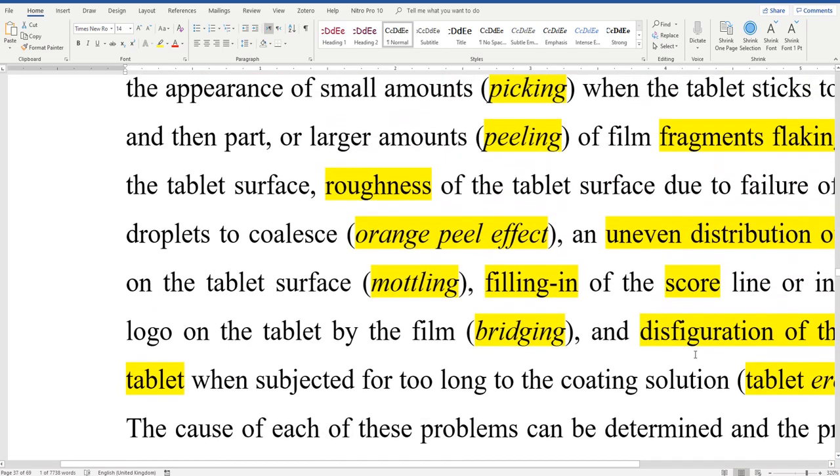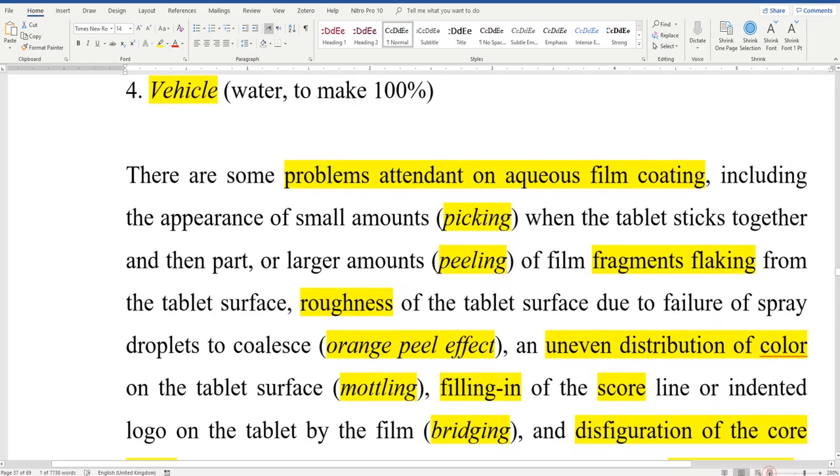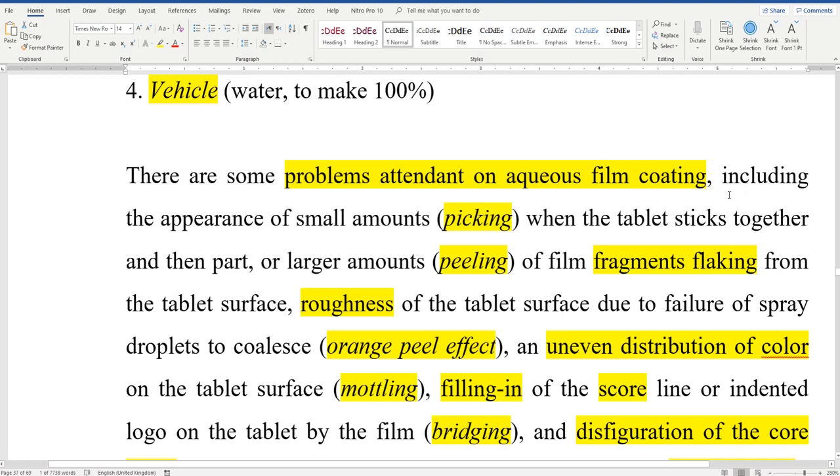So let's go back here and discuss the terms because they are important. When you have picking, the reason is the tablets stick together and then part, causing picking.